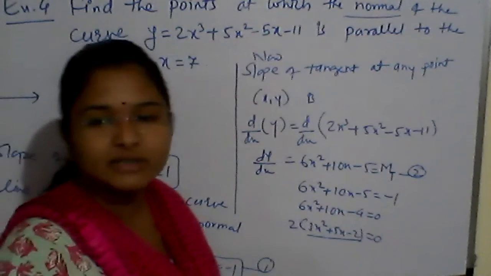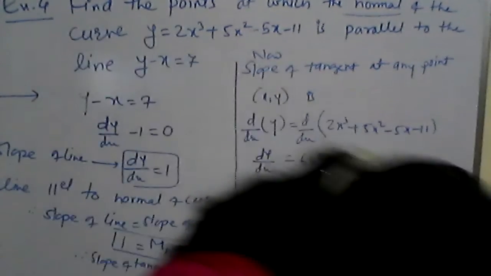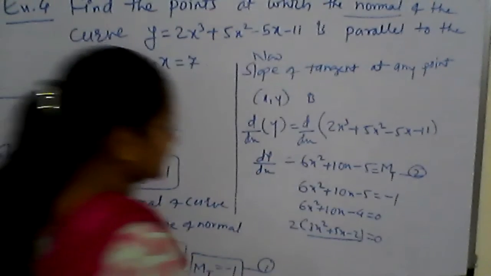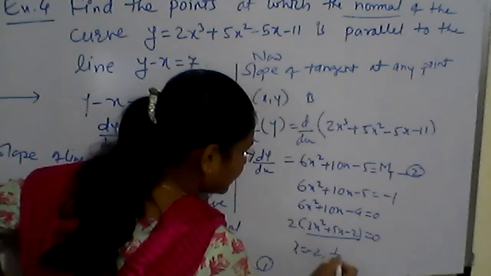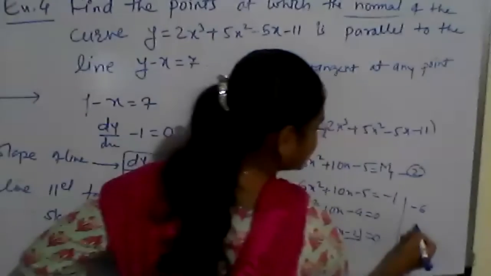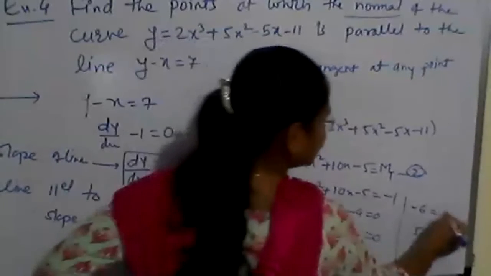Tell me quickly. -2 and 1 upon 3. Yes, x equals -2 and 1 upon 3. We need -6 here and plus 5 addition, right? So 6 into -1 we can do here.